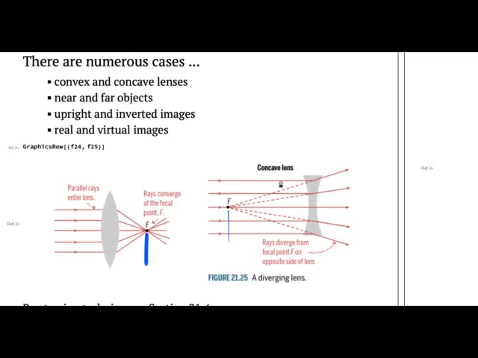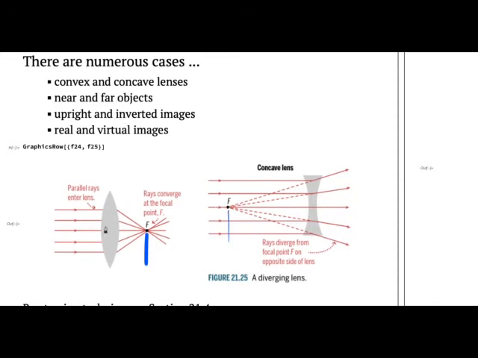But it's a focal point on this side of the lens. It's a focal point on the side of the lens where the incident rays are coming from. So there's actually no light coming from the focal point. All the light is over here. But if you trace these rays back, they would appear to be coming from a point.